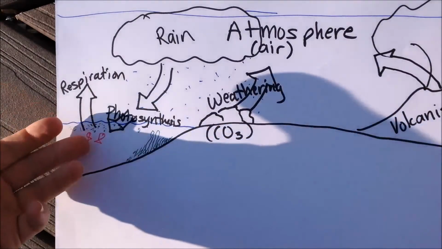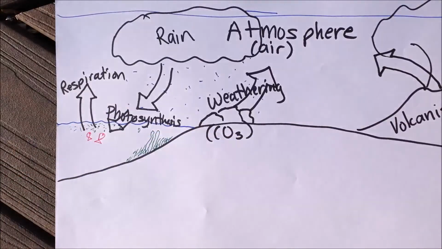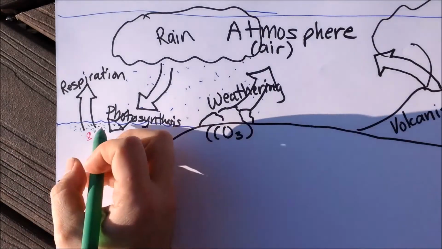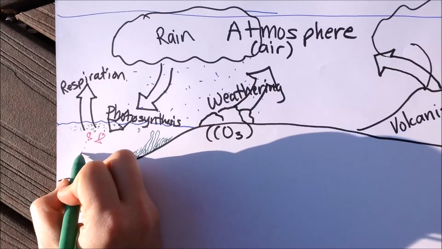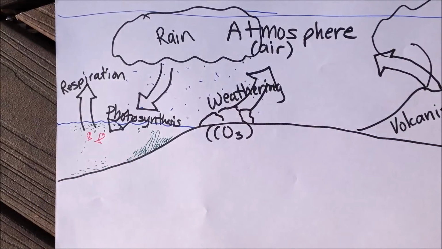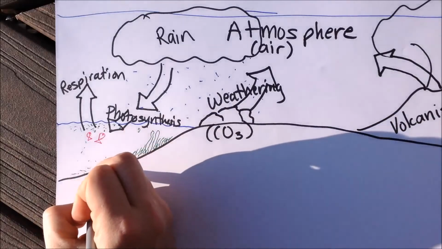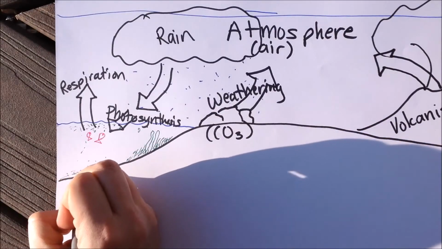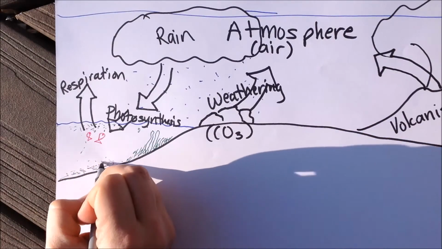All right, now those organisms will die, especially the plankton. We have a lot of plankton, and they'll float down to the bottom where their dead, decaying, and rotting bodies will form a layer of something we actually call ooze. You don't need to know that term.